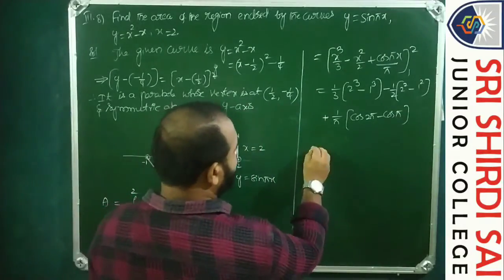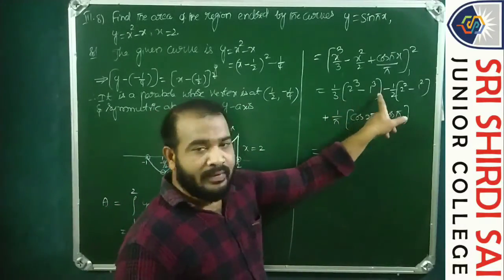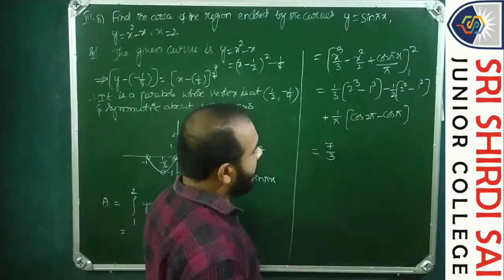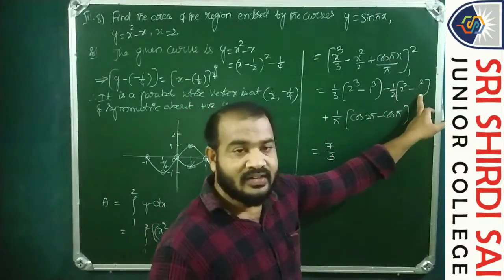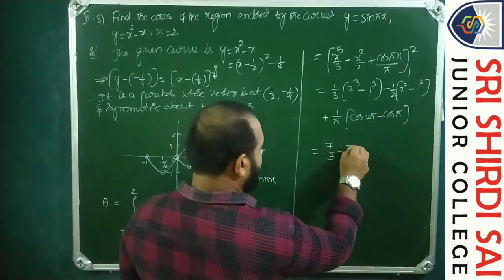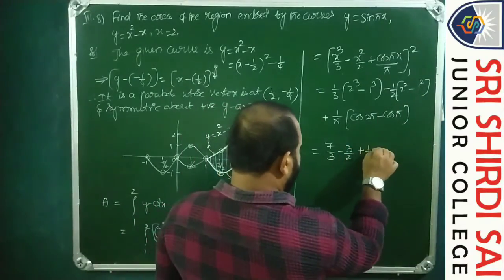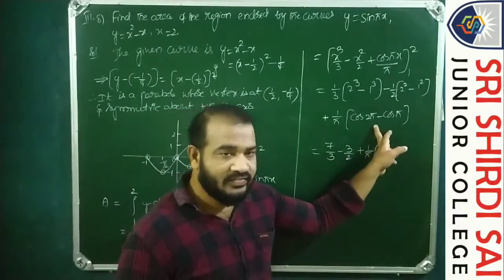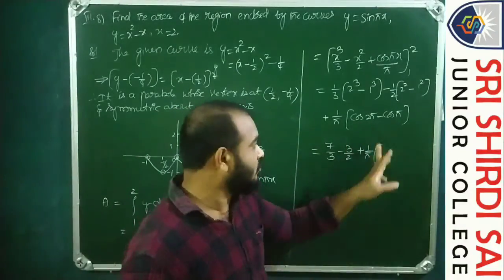So this is equal to 2³ is 8 minus 1, 7/3. Next, 2² is 4 minus 1, 3/2, plus 1/π into cos 360 minus cos π. Cos 360 is cos 0, and cos 0 value is 1.